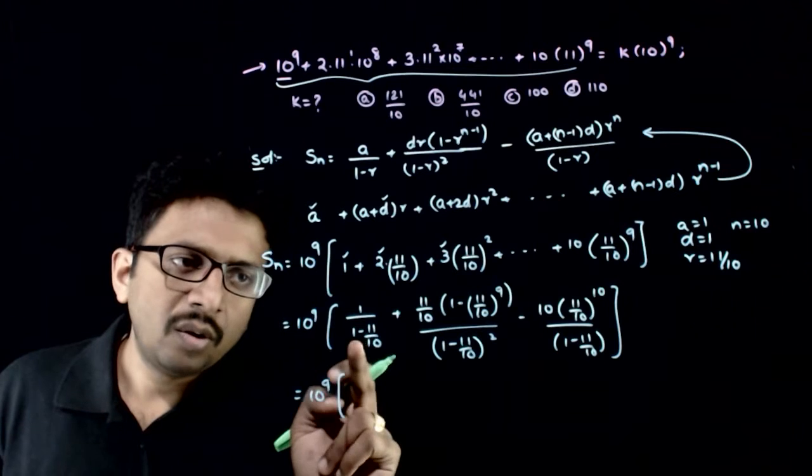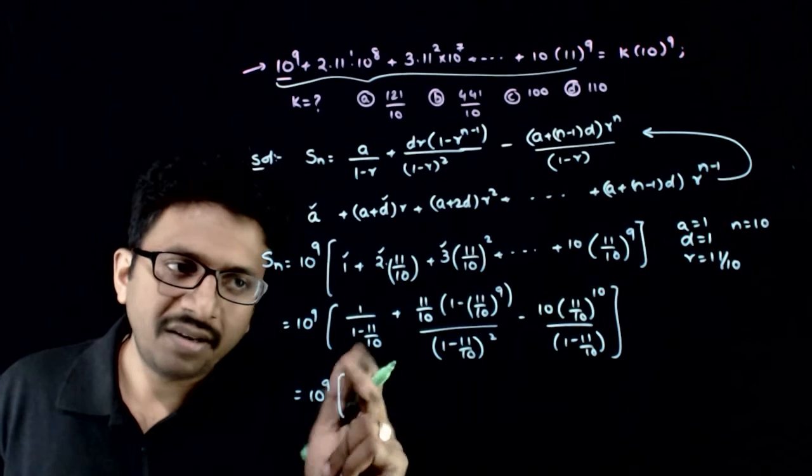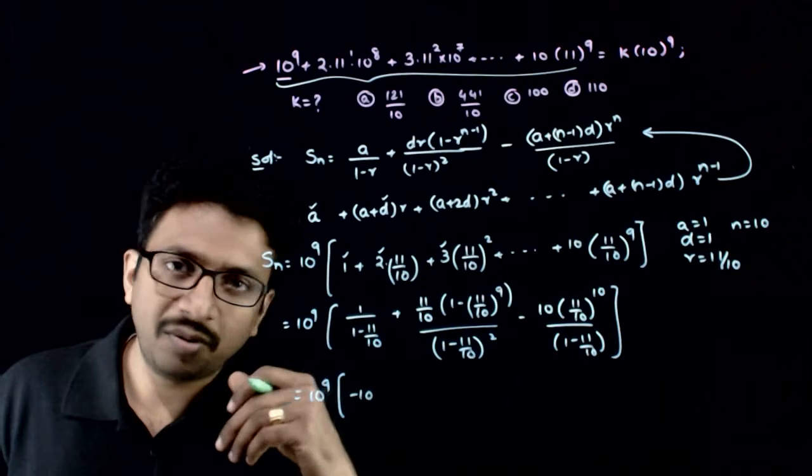So the first term is −1/10, which becomes −10 when taken to the LCM.